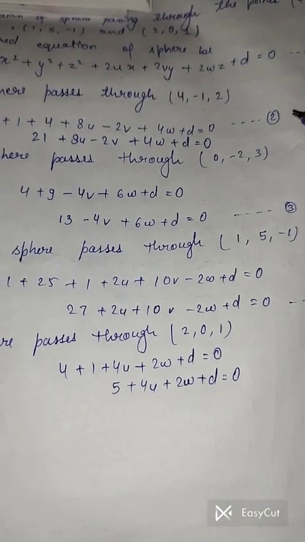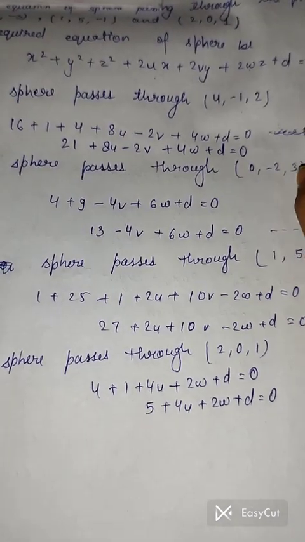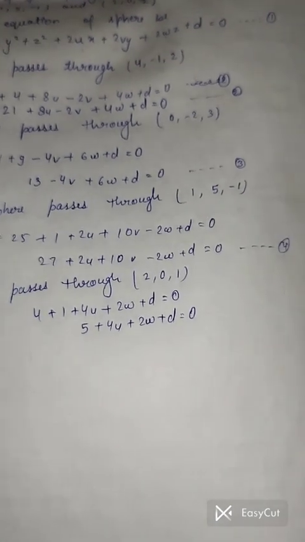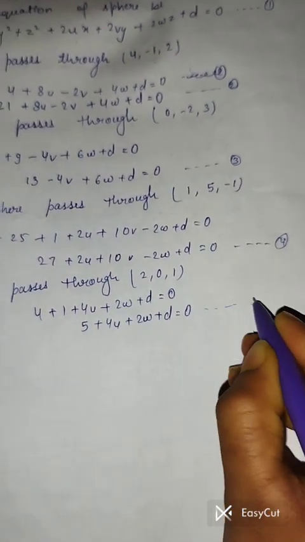So now we have got our equations, that is, this is equation number 2, 3, 4 and this one is equation number 5.